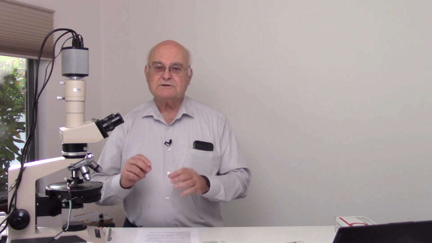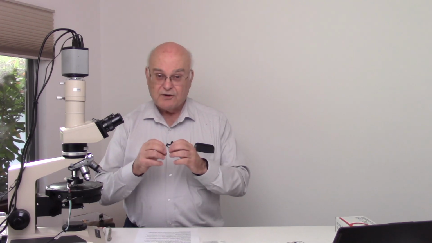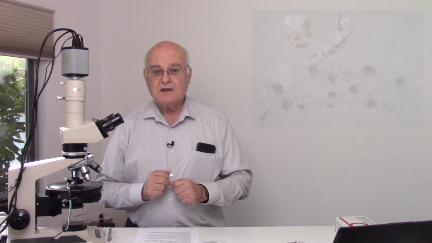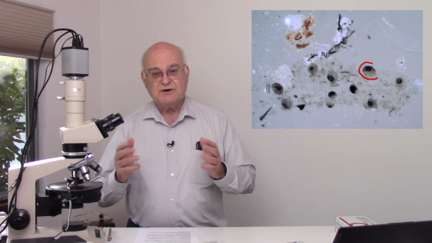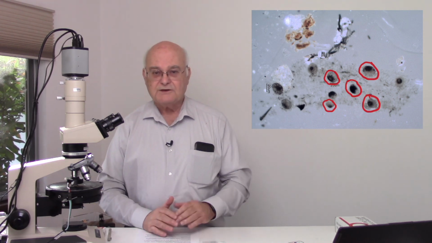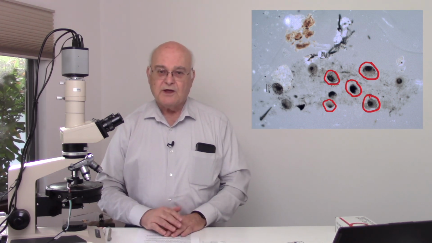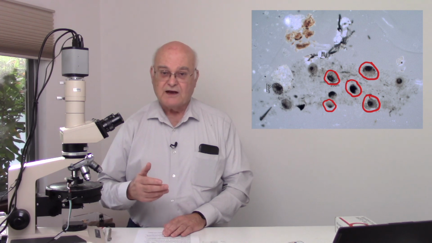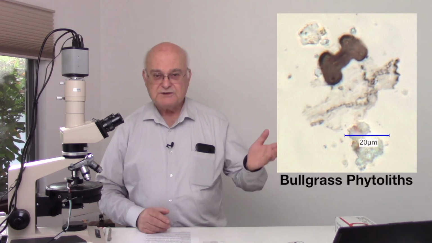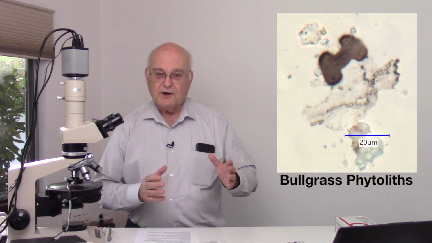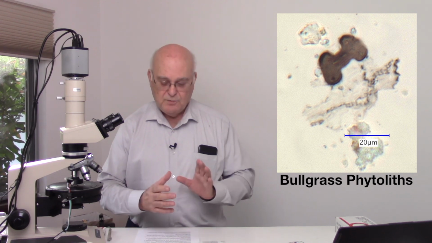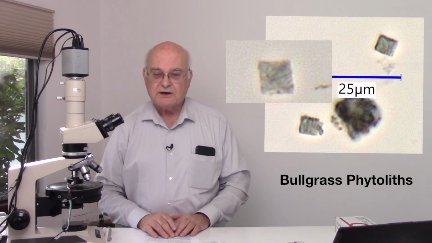These particles take very characteristic shapes, and these shapes are easily identified, as you can see here. We have a number of silica phytoliths from grasses. You have the characteristic barbell shapes. You have little cubic type shapes, rectangular shapes.